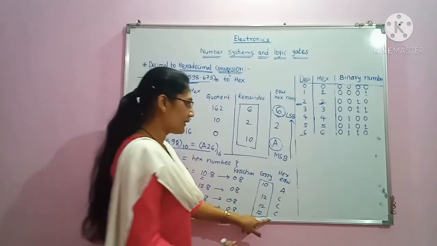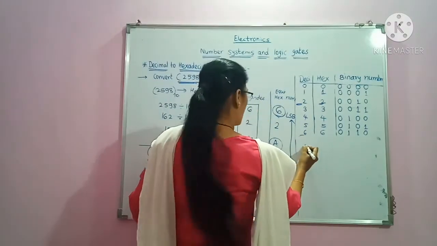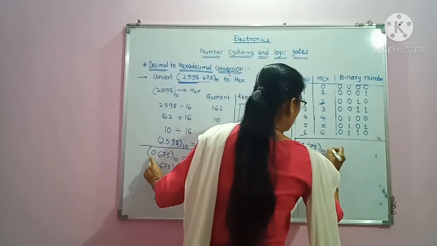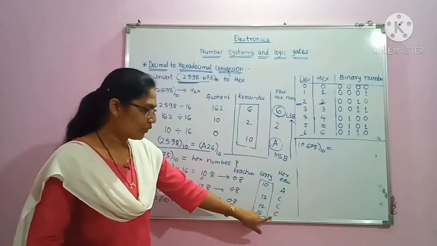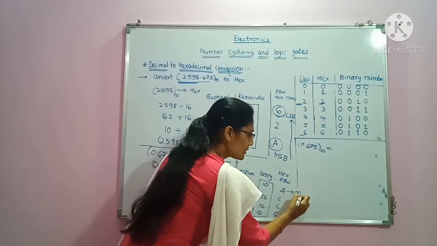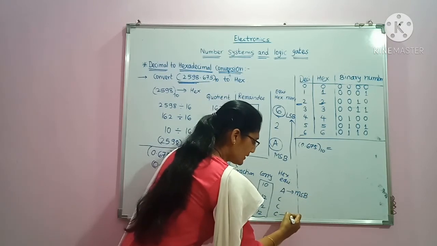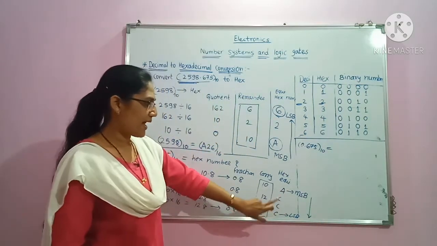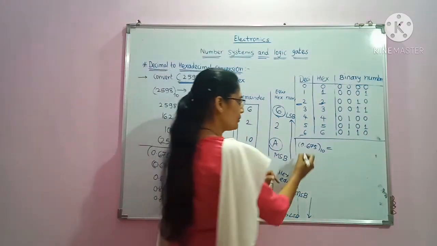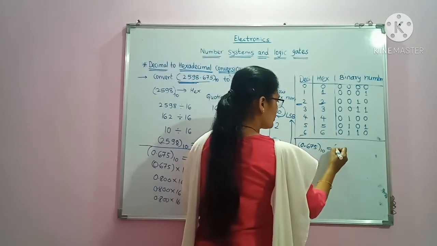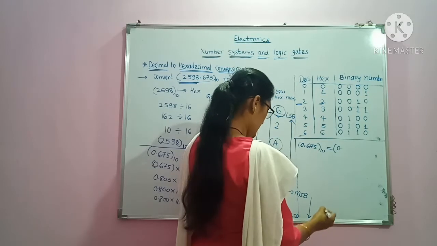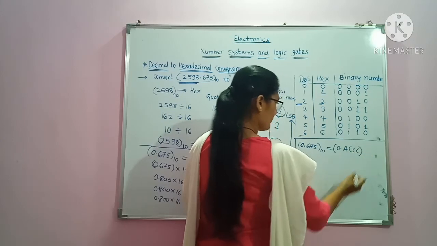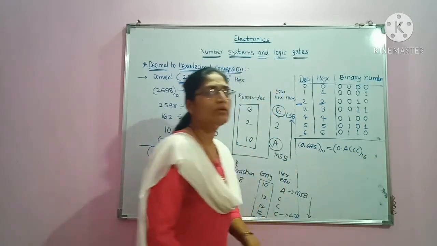And here, while writing a fraction part, 0.675 in decimal, and you have to write its equivalent hex number. So this will become the most significant bit, and this is the least significant bit. So you have to write the number as ACCC. So here 0 point something. So you have to also give a point, and the number will become .ACCC, and it is in hexadecimal form.